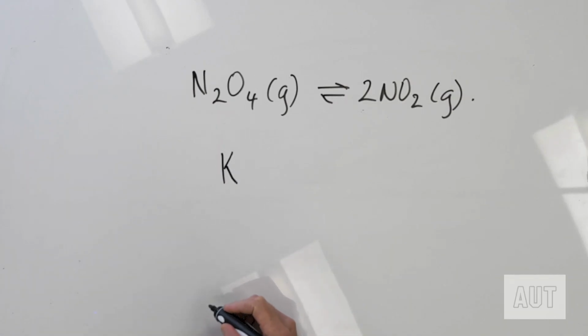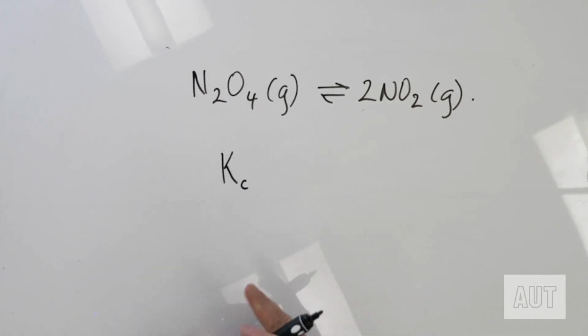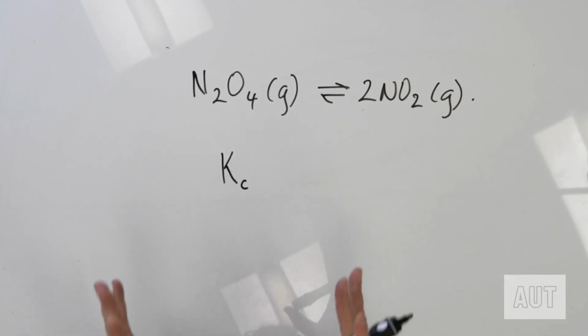Now, how do we denote an equilibrium? Well, we can write a thing called an equilibrium constant, K. Now, there are 2 types of equilibrium constant. We're going to concentrate mostly on a thing called Kc. And Kc is when we talk about the composition of our reaction mixture in terms of concentrations, okay?